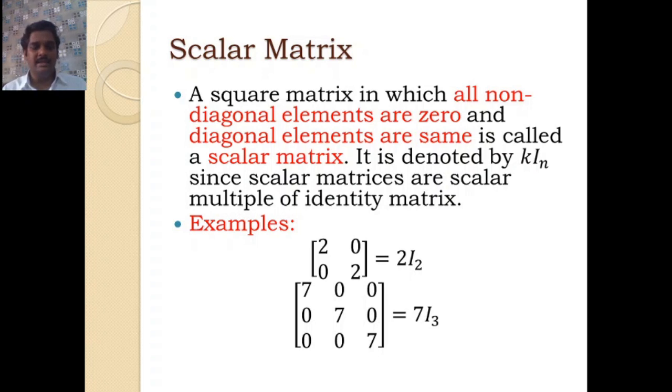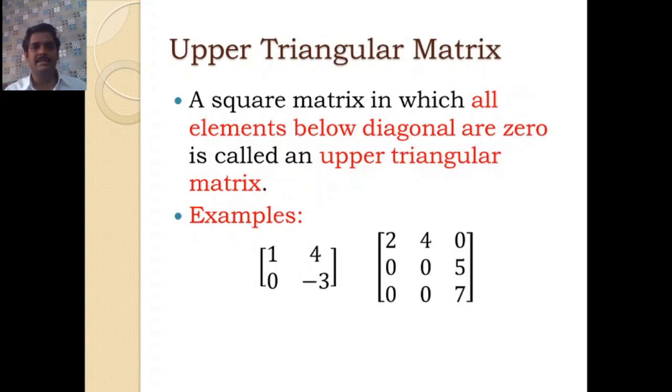Okay. Let's proceed to the next type. The next type is the upper triangular matrix. What is the upper triangular matrix? A square matrix in which all elements below the diagonal are 0 is called an upper triangular matrix. I have given two examples of upper triangular matrix.